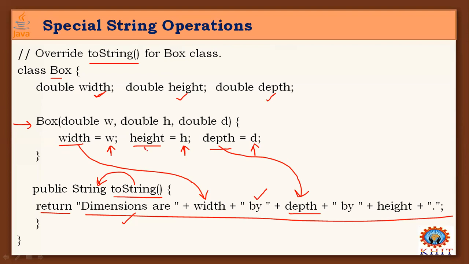The same for depth and height, which are also converted into strings. So when we invoke this toString method with this box object, it gives the dimensions of the box by converting width, depth, and height from double data type to string.